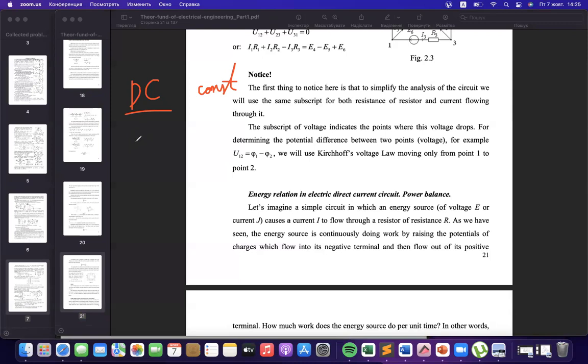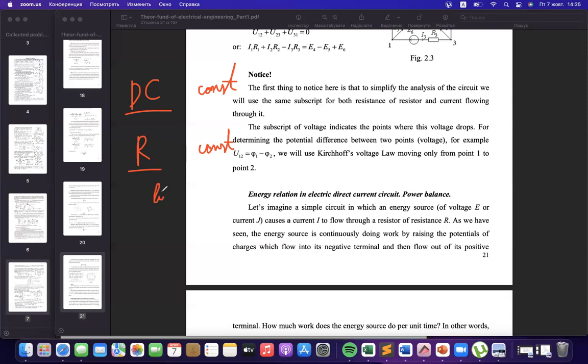Then our consumer, our resistance, is also constant, independent of the value of current, voltage, or temperature, just a constant thing.